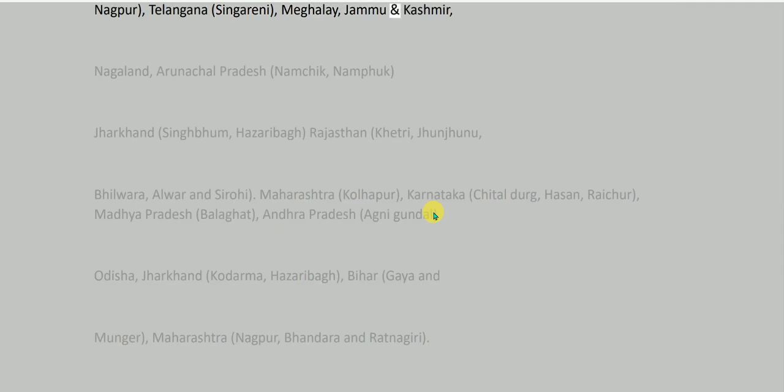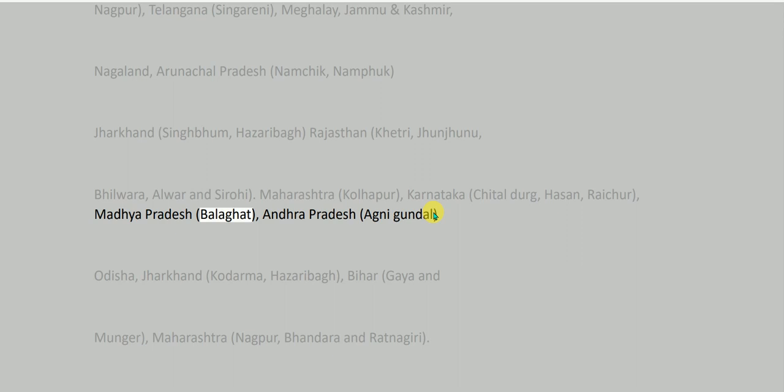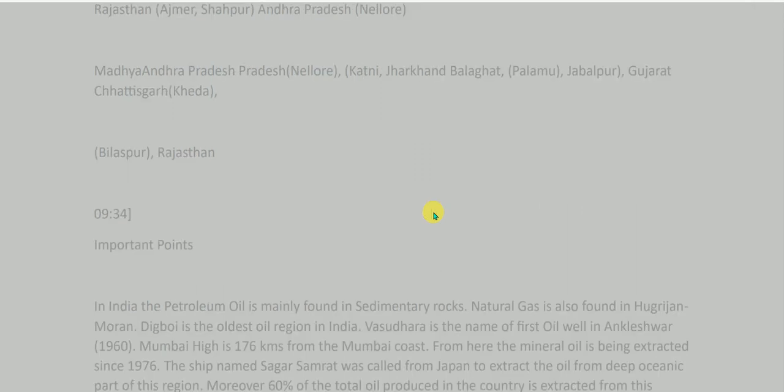Meghalaya, Jammu and Kashmir, Nagaland, Arunachal Pradesh. Nyamchik, Namphuk. Jharkhand: Singhbhum, Hazaribagh. Rajasthan: Khetri, Junjunu, Bhilwara, Alwar and Sirohi. Maharashtra: Kolhapur. Karnataka: Chitradurg, Hassan, Raichur. Madhya Pradesh: Balaghat. Andhra Pradesh: Agnigundala. Odisha. Jharkhand: Kodarma, Hazaribagh. Bihar: Gaya and Munger. Maharashtra: Nagpur, Bandara and Ratnagiri. Rajasthan: Ajmer, Shahpura. Andhra Pradesh: Nellore. Madhya Pradesh: Katni, Balaghat, Jabalpur. Jharkhand: Palamu. Gujarat. Chhattisgarh: Bilaspur. Rajasthan. 934.